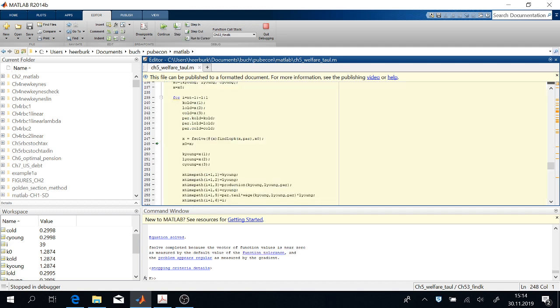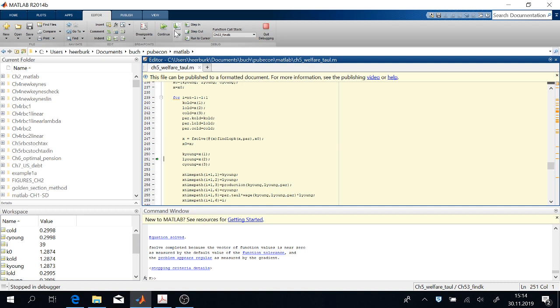And for example, we find the solution 1.2873, 0.2996, and 0.2998 for capital stock, labor, and consumption in period 39.